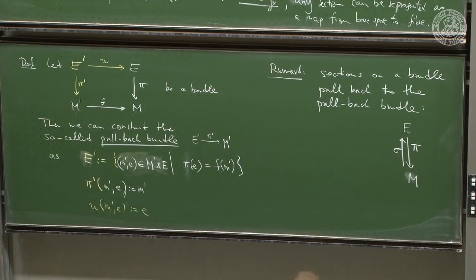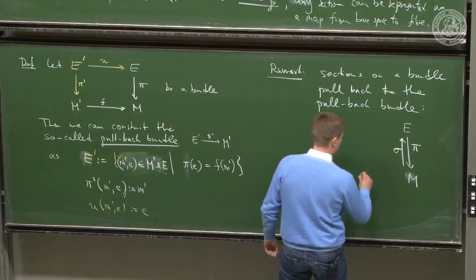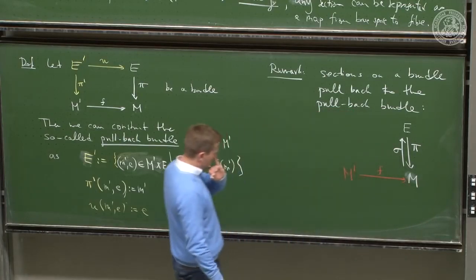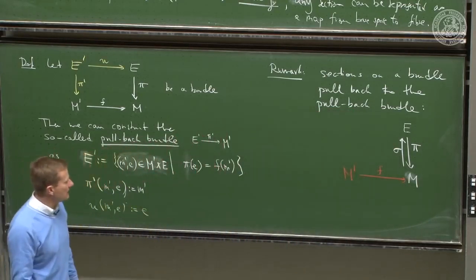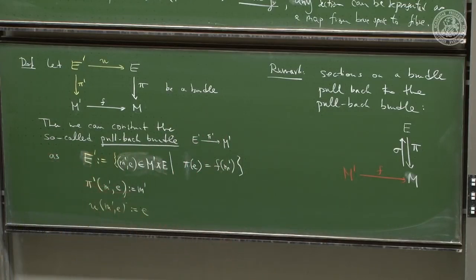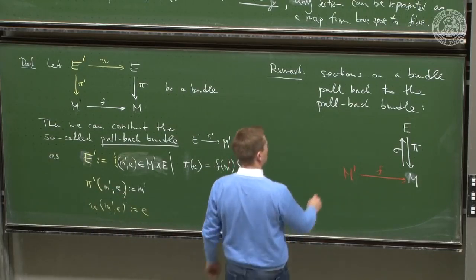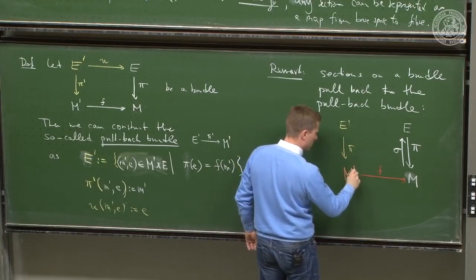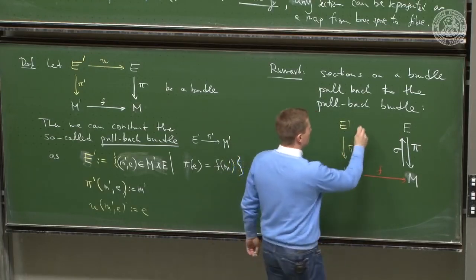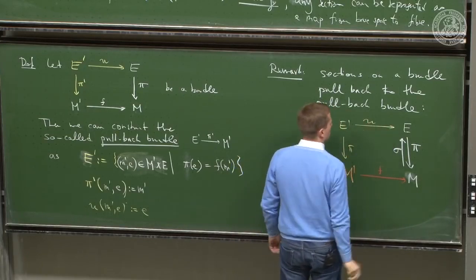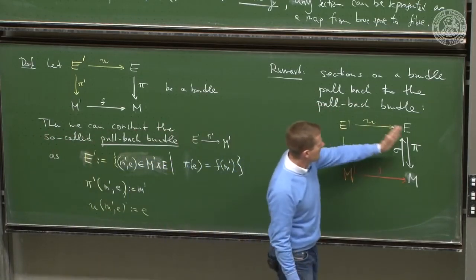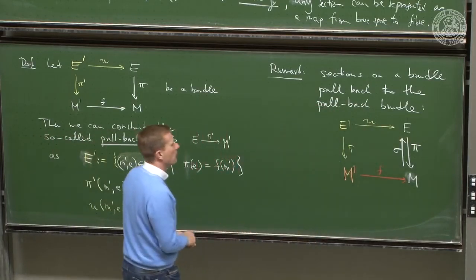And then you got some additional data F that takes a base space M prime into M. Now, from these data, we already know that we can construct the pullback bundle here, E prime, pi prime, M prime. This is what we just did, including the U, such that U and F together constitute a bundle morphism.